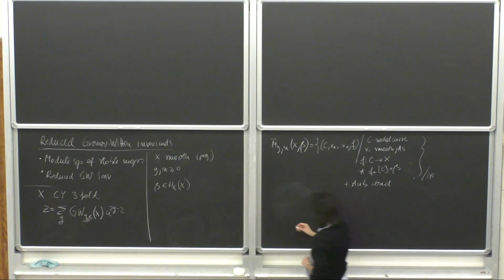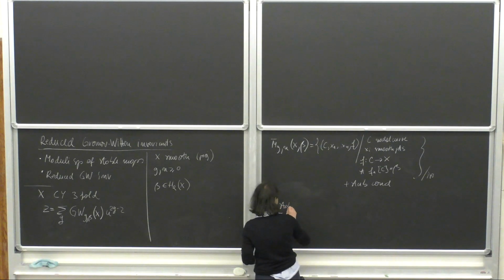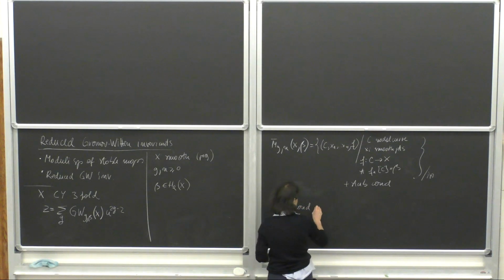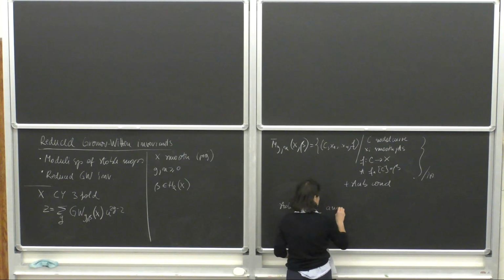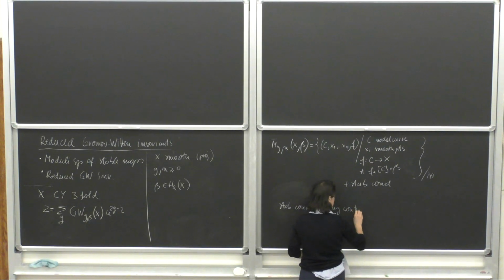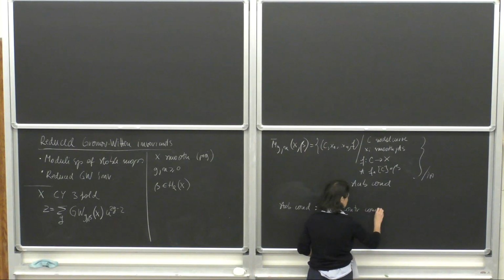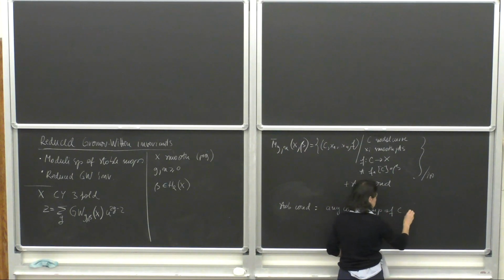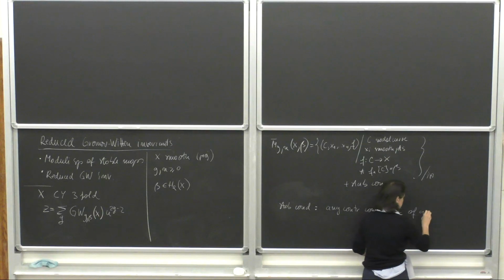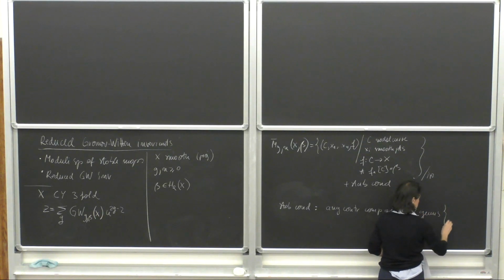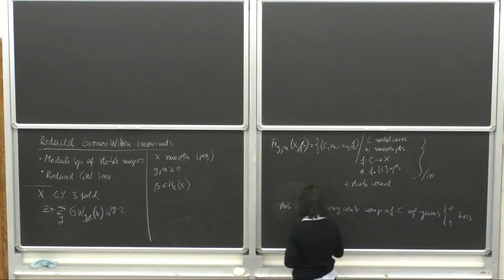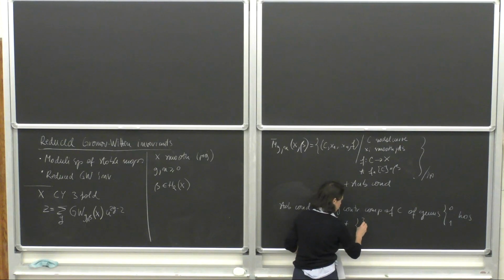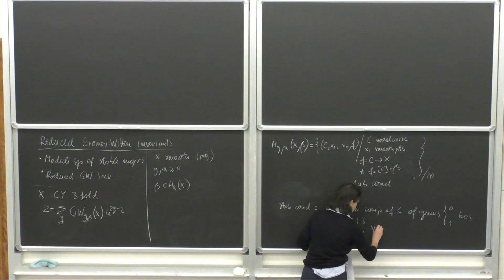And the stability condition is something which says that any contracted component of C of genus either 0 or 1 has at least either 3 or 1 special points.